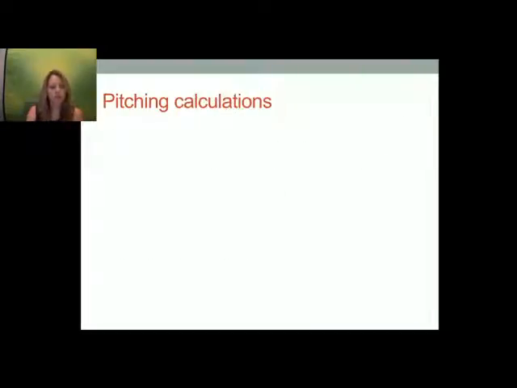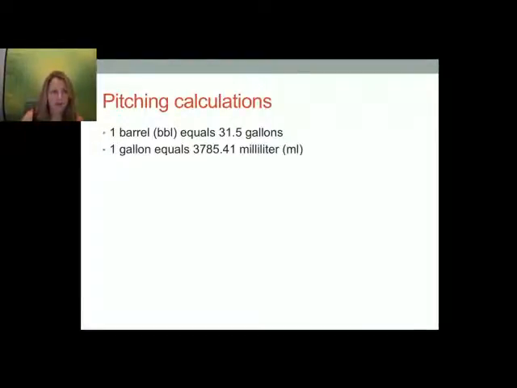So let's go through an example of a pitching calculation. Before we get started, we need to know that 1 barrel of beer is equal to 31.5 gallons, and 1 gallon is equivalent to 3,785.41 milliliters.